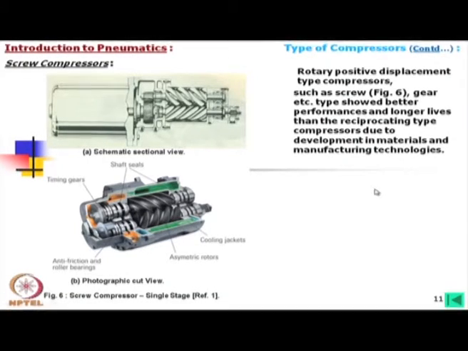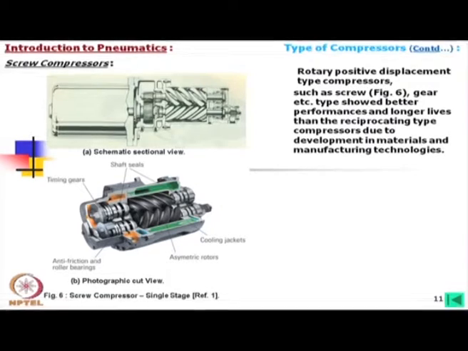Now, what is found is that this type of compressor has a much better life, and it can perform better at high pressure. Of course, in terms of volume, it will be less in comparison to the reciprocating type.